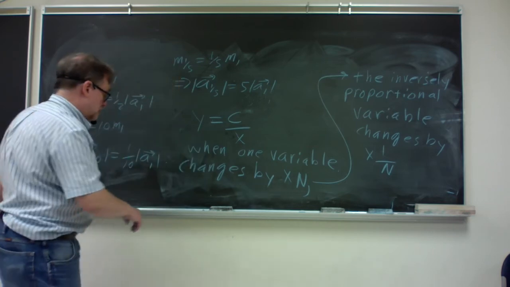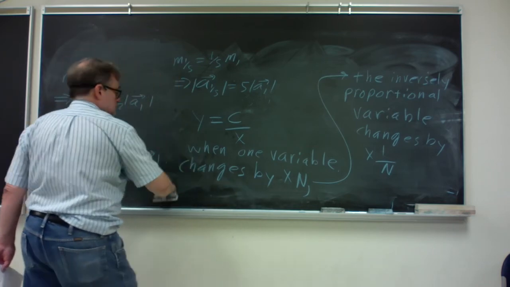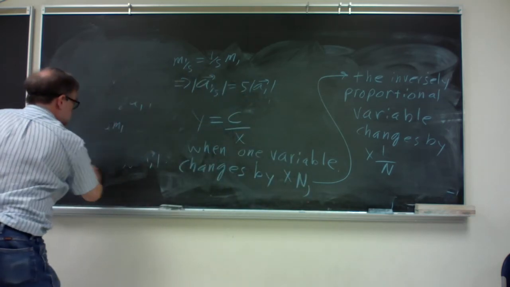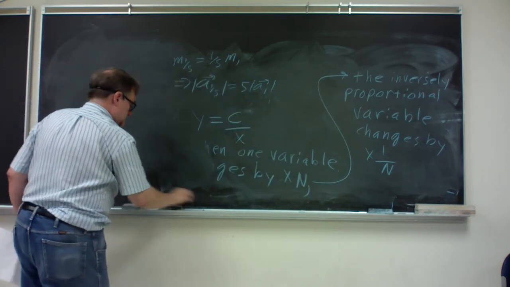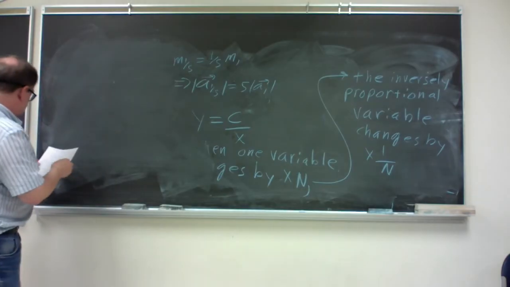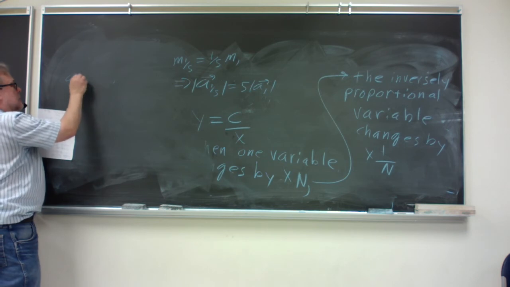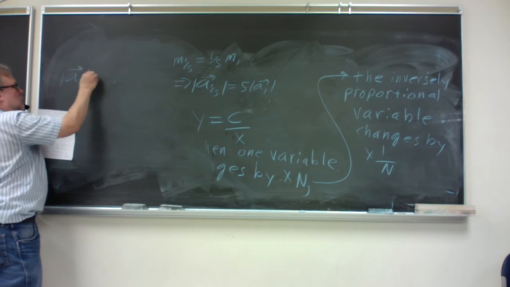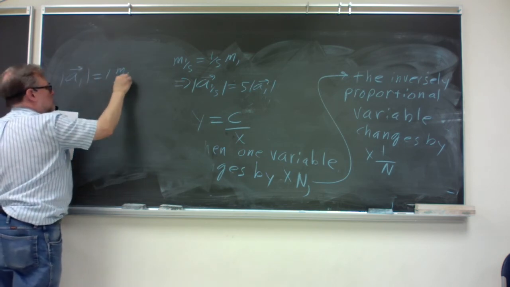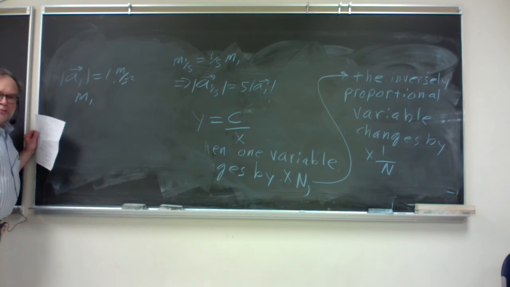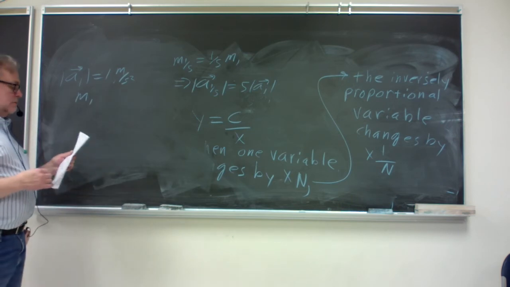For example, let's say some mass has an acceleration with a magnitude of 1 meter per second, and some amount of mass that we call m1 has this acceleration, 1 meter per second.